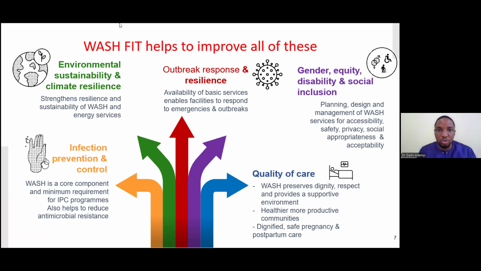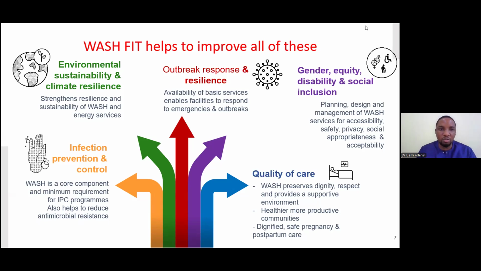The WASH FIT tool also helps in outbreak response and resilience, helps in the quality of air, environmental sustainability, and climate resilience. And then you probably would have been hearing a lot about gender, equity, disability, and social inclusion, known as GEDSI for short.